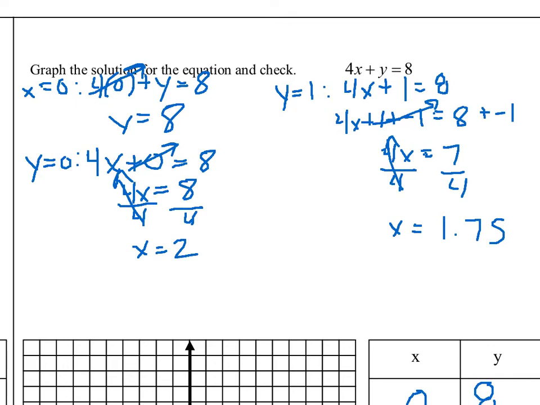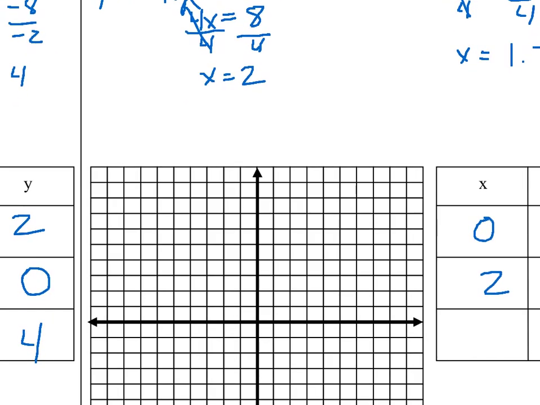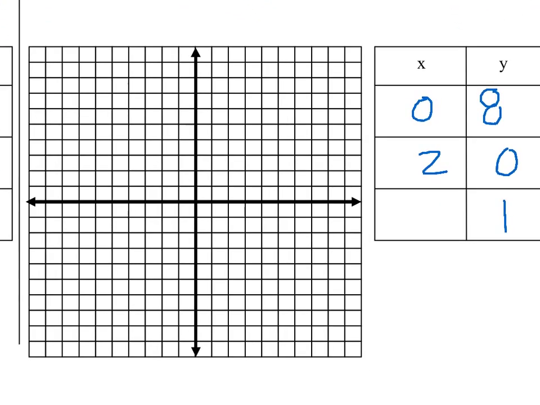So if we graph those 2 points that we have, 0, 8, that's over 0 and up 8, and 2, 0, and we take our straight edge through those 2 points. Thanks, Juan.